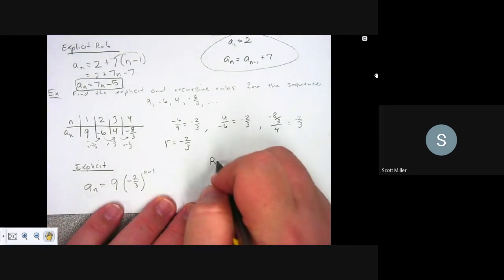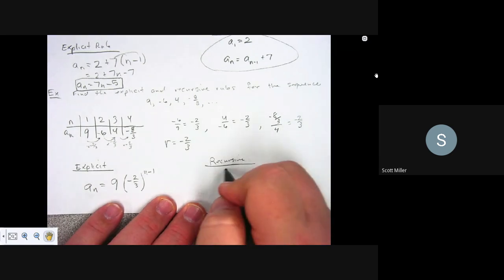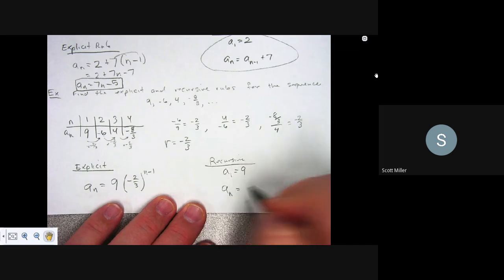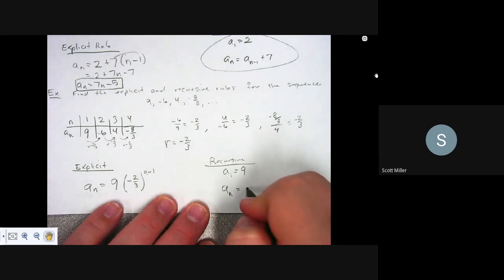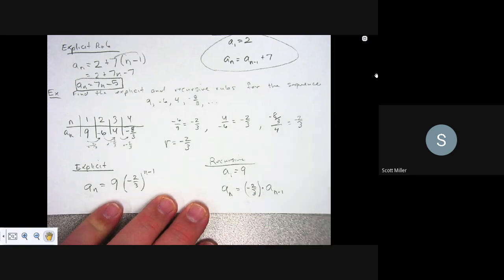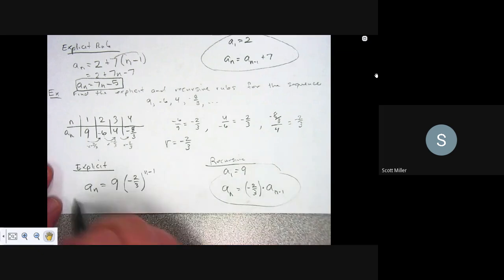The recursive rule, I need to know the first term, and then the next term is the common ratio, you can probably put it in parentheses, times the previous answer. And there you go. Recursive rule, explicit rule.